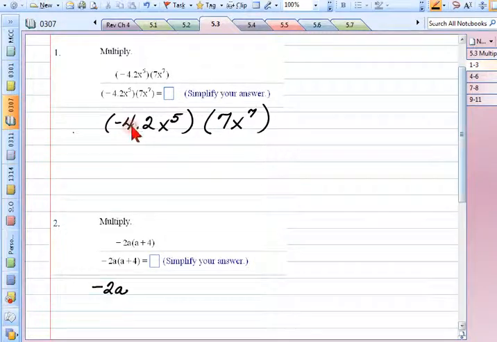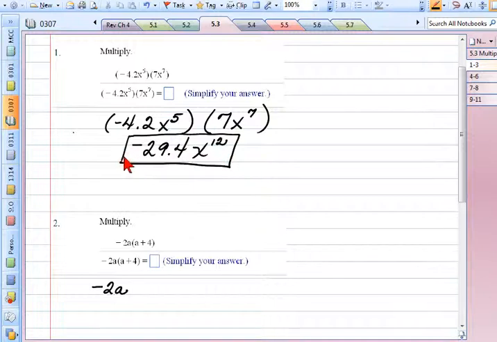You're just going to multiply negative 4.2 times 7. What are we going to get? Negative 29.4. Negative times positive is negative, and I think I multiplied right. When you have x to the fifth times x to the seventh, what will that give you? X to the 12th.